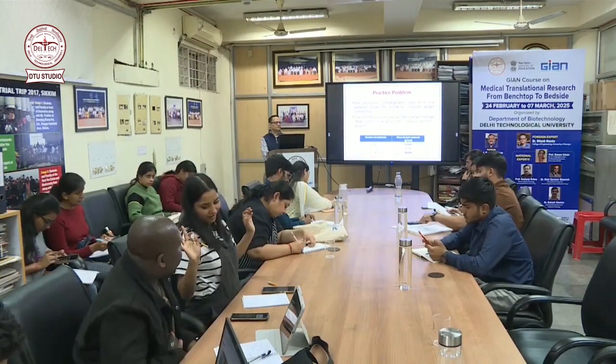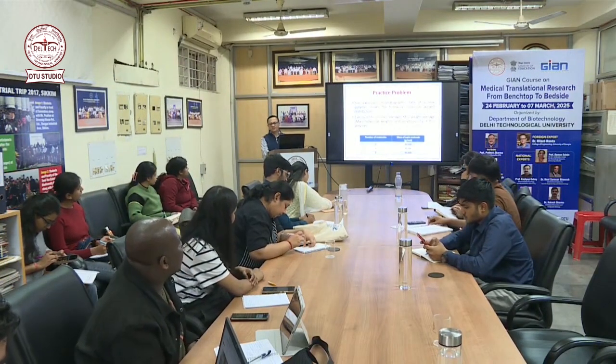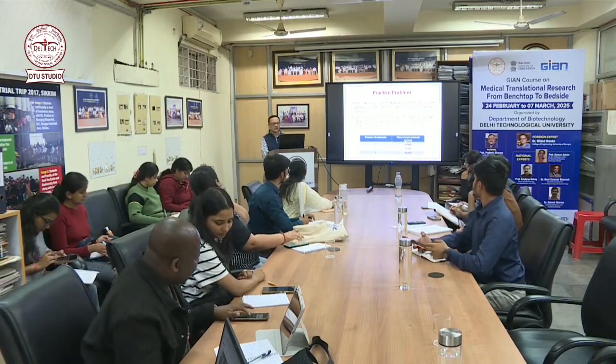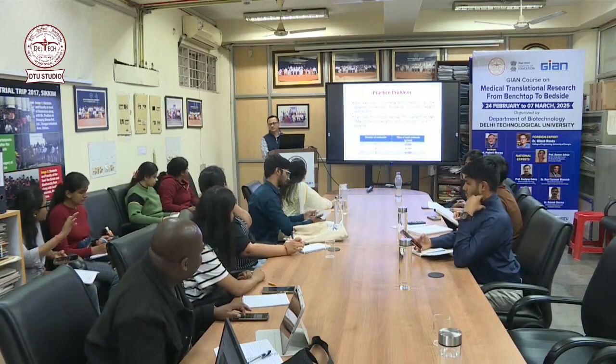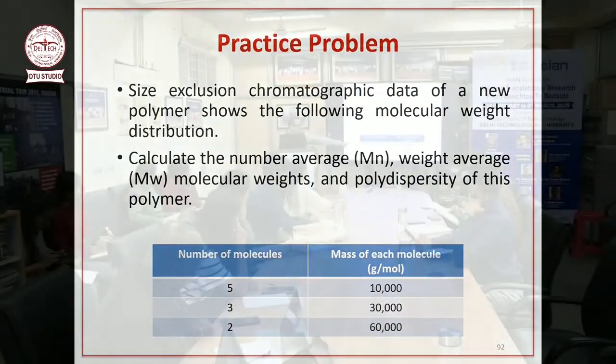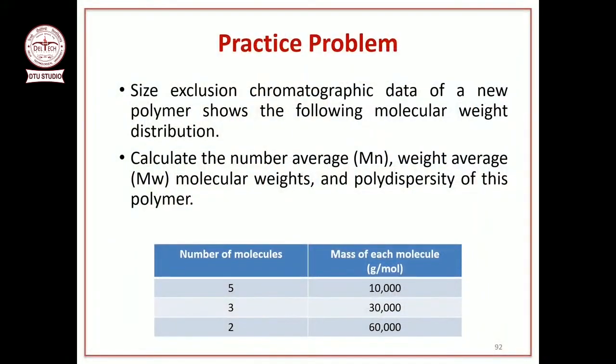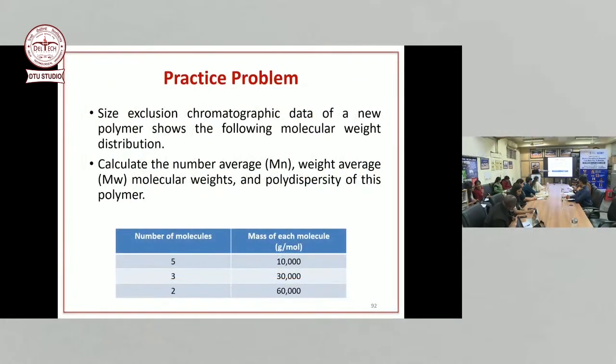So number average, I think everybody got, right? How much is it? 26,000. If somebody didn't get it, it's just 5 multiplied by 10,000. So 50,000, 90,000, 120,000. Total of that becomes 50 plus 90 plus 120, 260,000 divided by 5 plus 3 plus 2, that's 10, so 26,000.